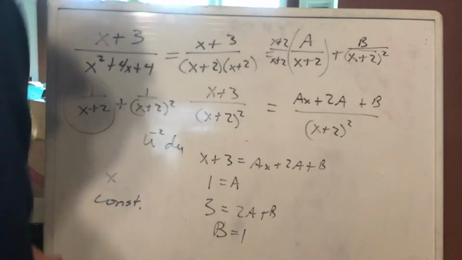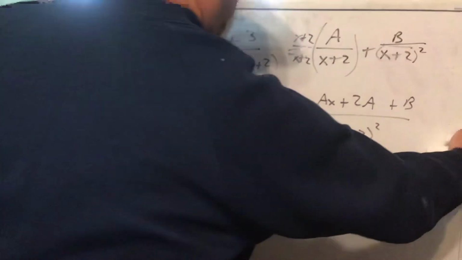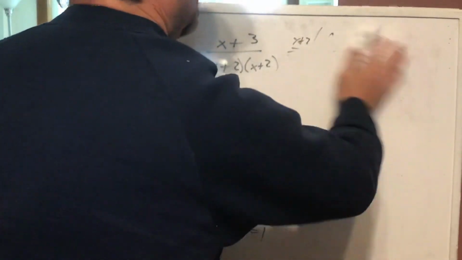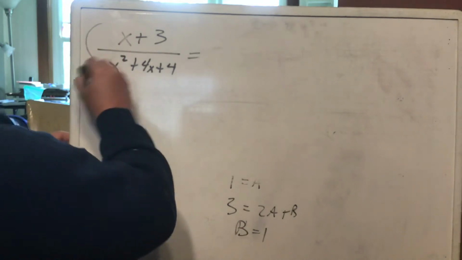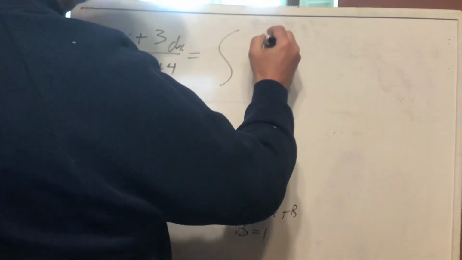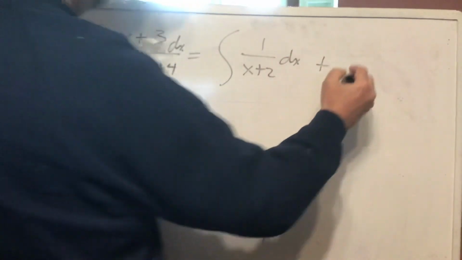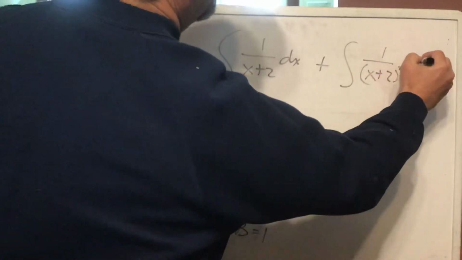So ultimately, let me go ahead and knock down my board again. Since I now know what that decomposes to, the integral of this dx would equal the integral of 1 over x plus 2 dx plus the integral of 1 over x plus 2 squared dx.